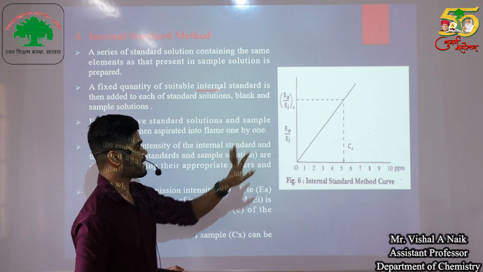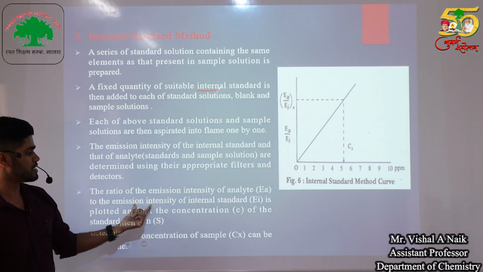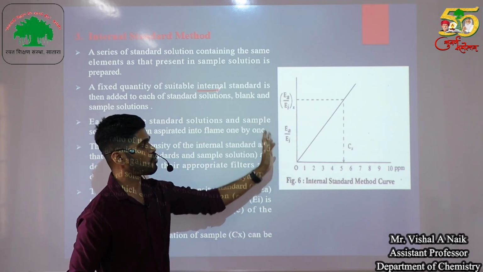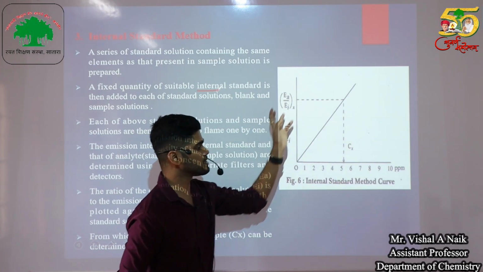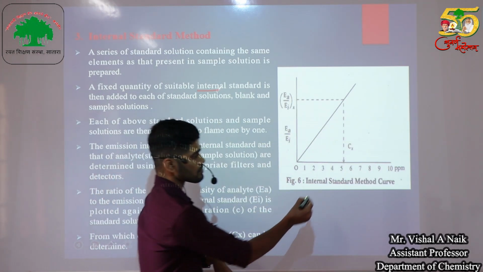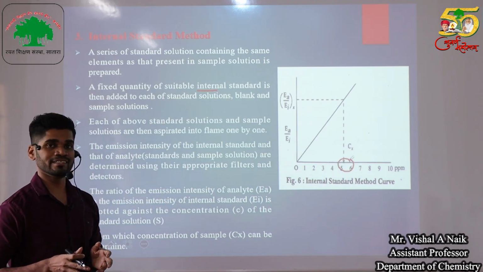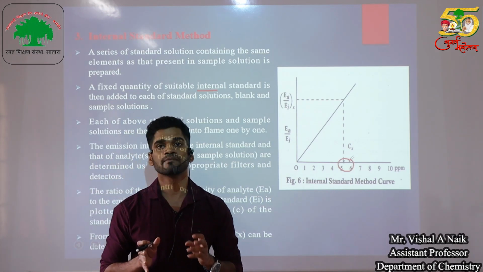So we get the emission intensity of the analyte and the emission intensity of the internal standard. By taking the ratio of those, we plot it against the standard solutions which we prepared. And by using that we also get the concentration of the unknown solution. So these are the three general methods to determine the quantity present in the sample solution.